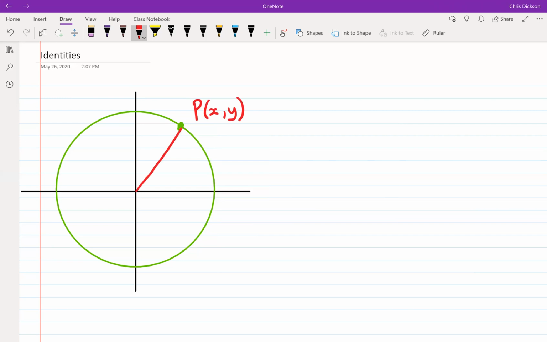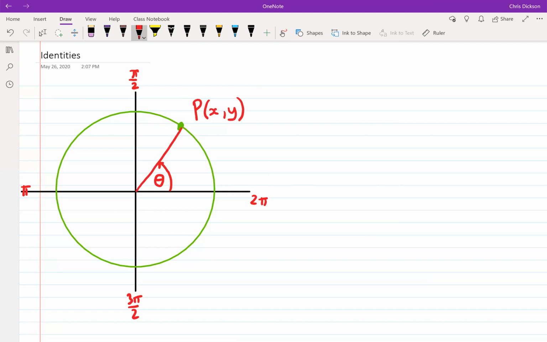Then we'll draw angle theta. Once again, we'll use radians: pi over 2, pi, 3 pi over 2, and 2 pi, so sort of going back to our angles in standard position.